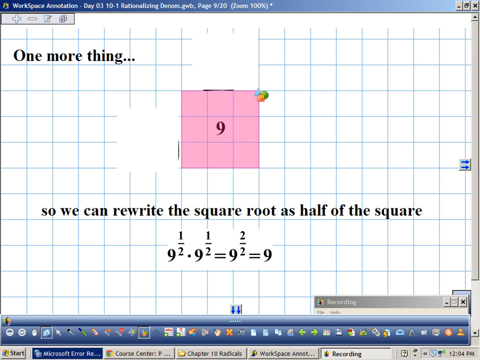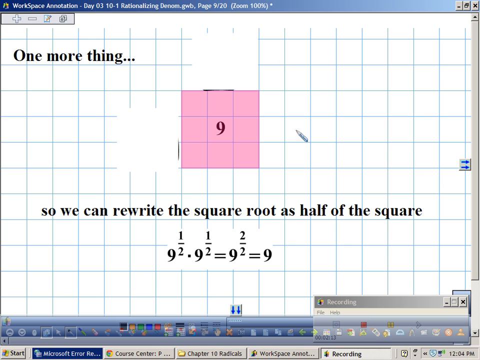What's another way to figure out what the side of the square is? How would I figure out what the side of the square is? Well, where did you come up with that? Just with this number here. It's the square root of 9, right?